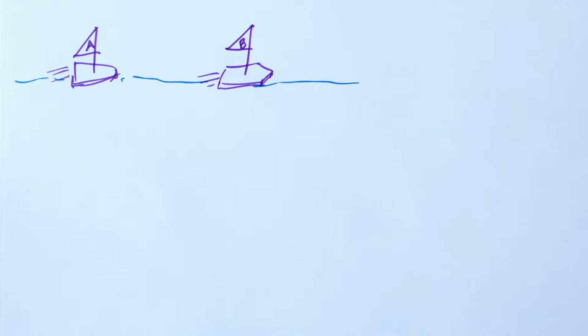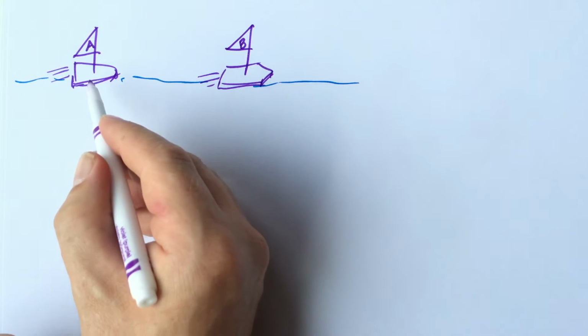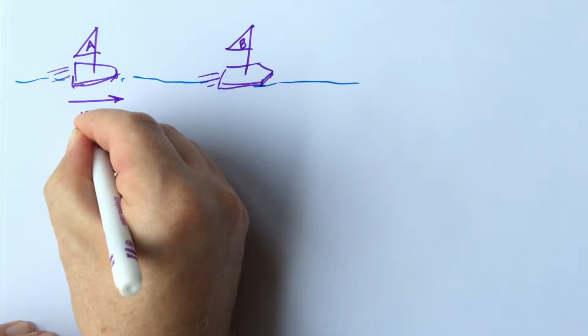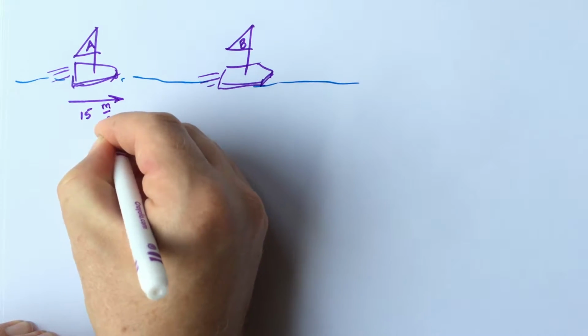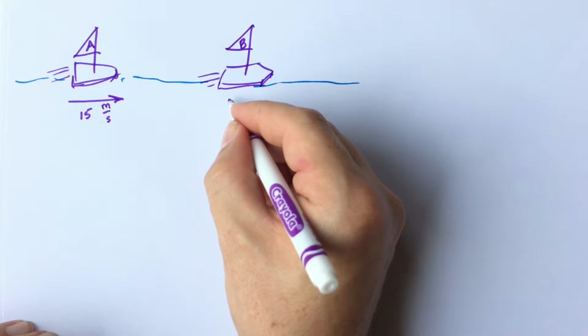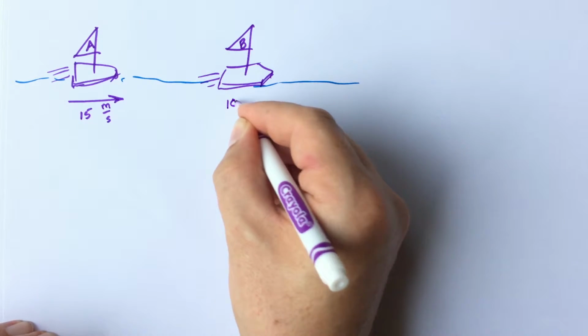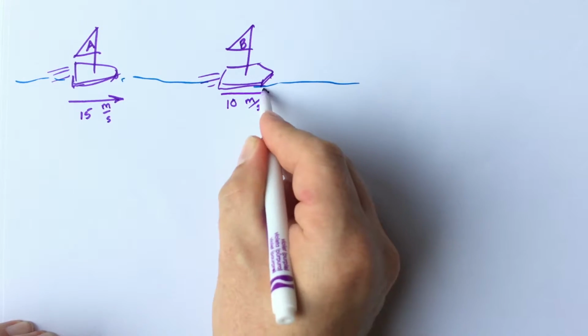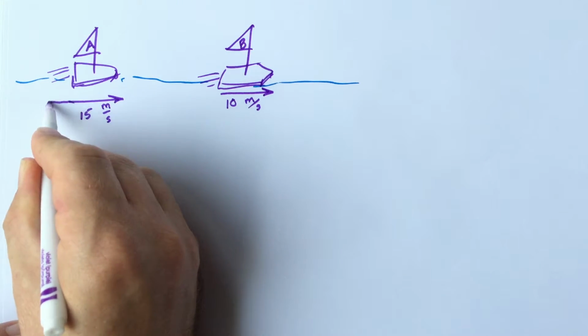All right. Well, if we were to say that sailboat A is traveling at 15 meters per second and sailboat B is traveling at 10 meters per second, then if you were inside sailboat A, I should make this vector a little longer.